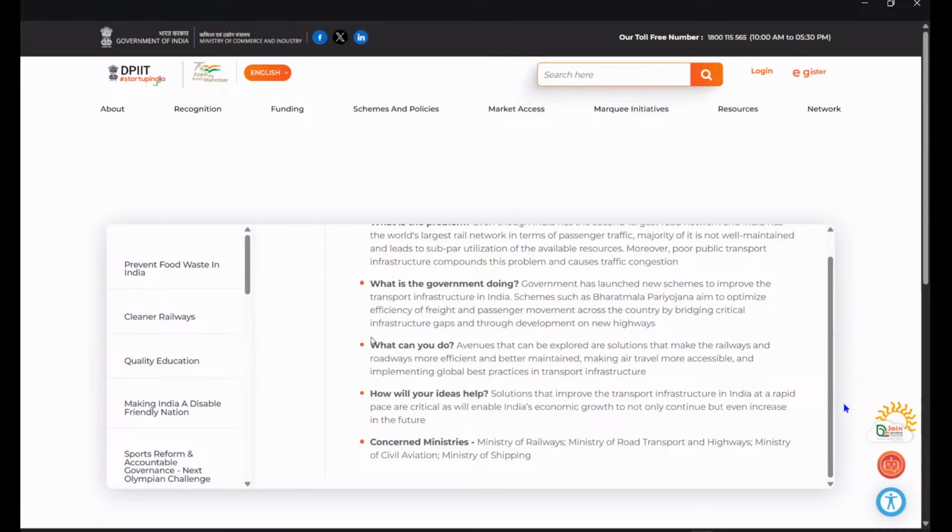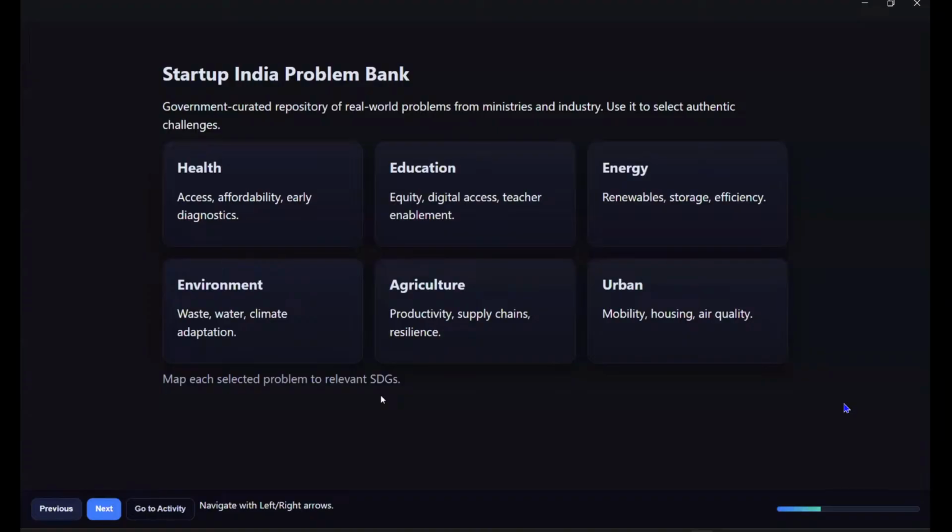So India is not a place which lacks talent, and India is definitely not a place which doesn't have problems.